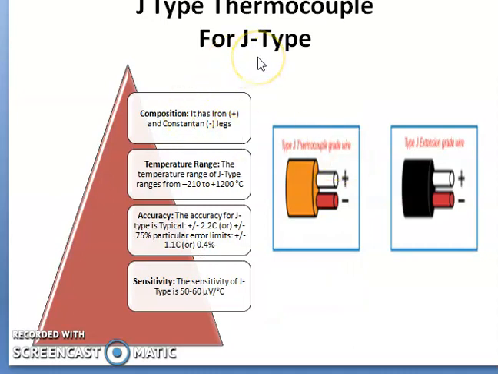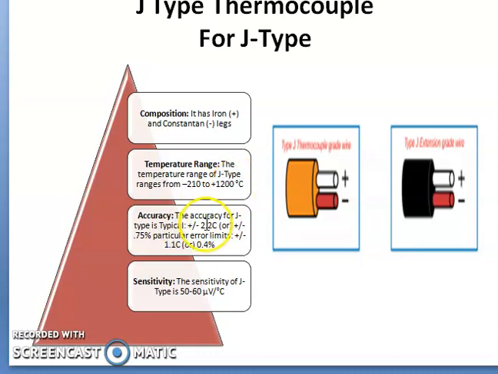Now coming to the main features of the J-type thermocouple. The composition, as we already studied, has two legs, iron and constantan, and the temperature range is minus 210 to plus 1200 degrees Celsius.